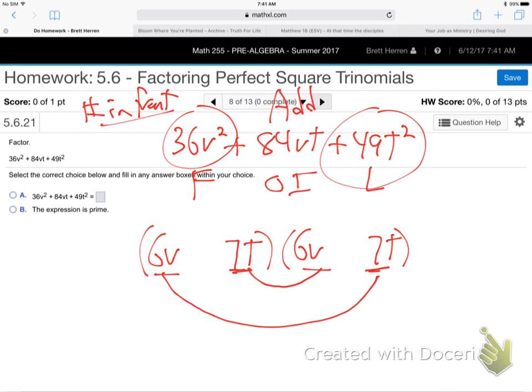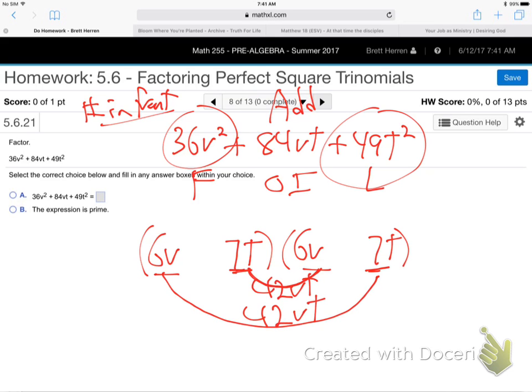So draw those arcs. We're going to really need those, especially when we go to 5.4, the really hard ones here in a few minutes. So those two arcs, that's the inner connecting the inner, and the outer hitting the outer. And what do they make? What is 6 times 7? 42. And all you need is the numbers, really. And 6 times 7 is 42. I mean, technically it's 42VT, 42VT.